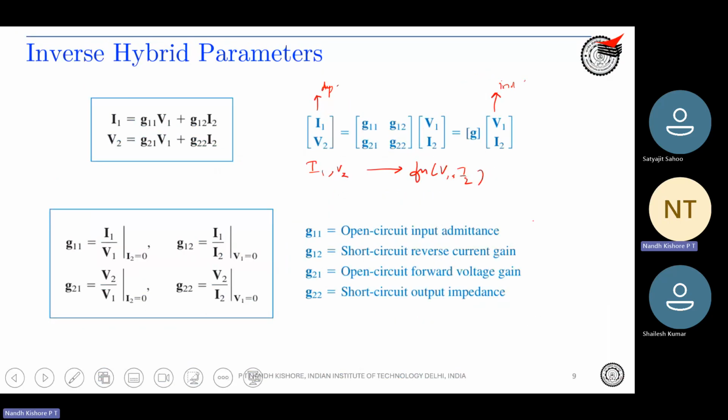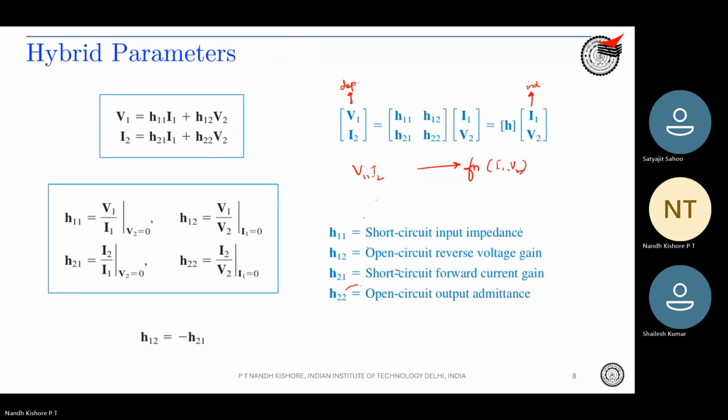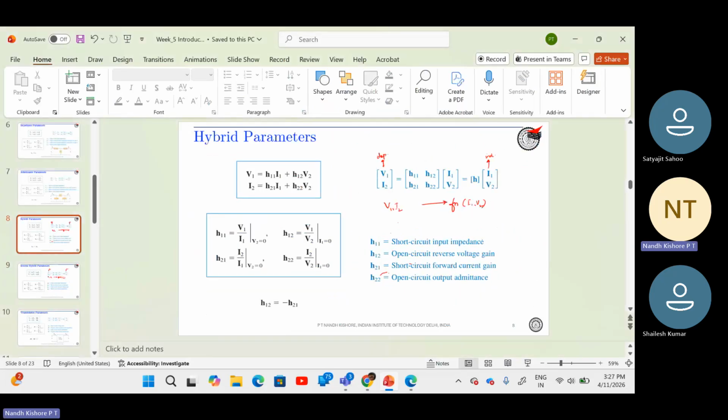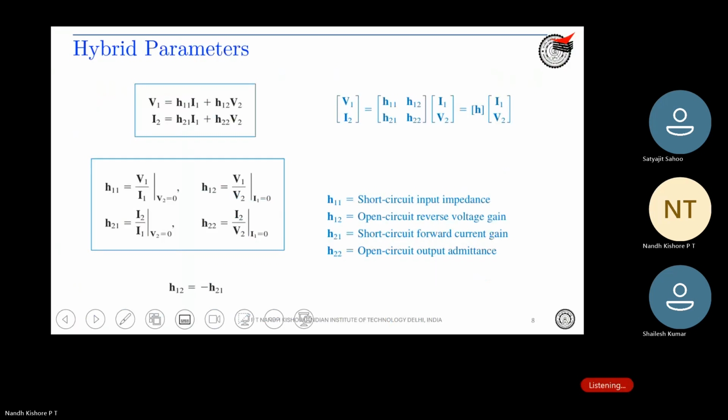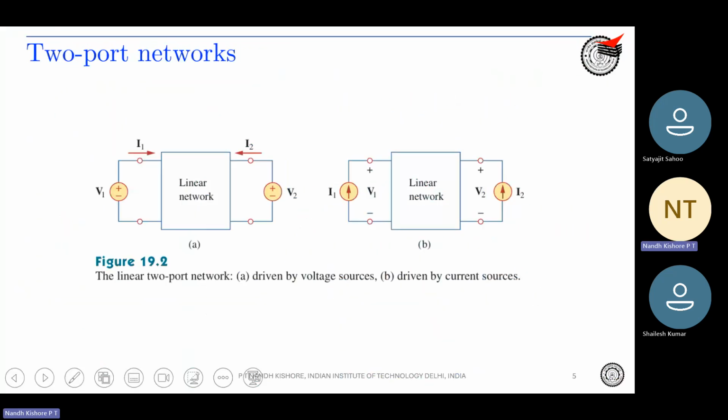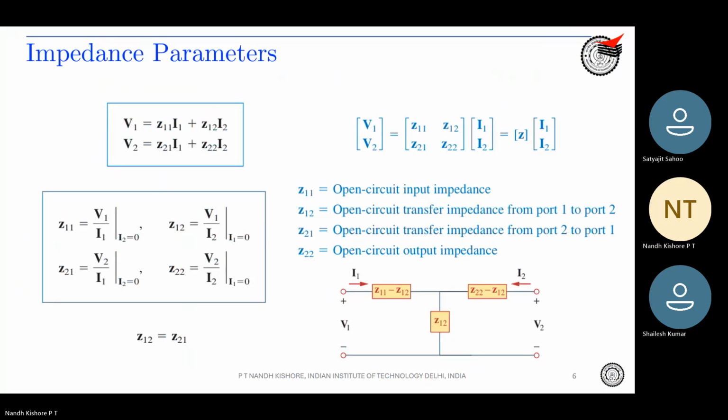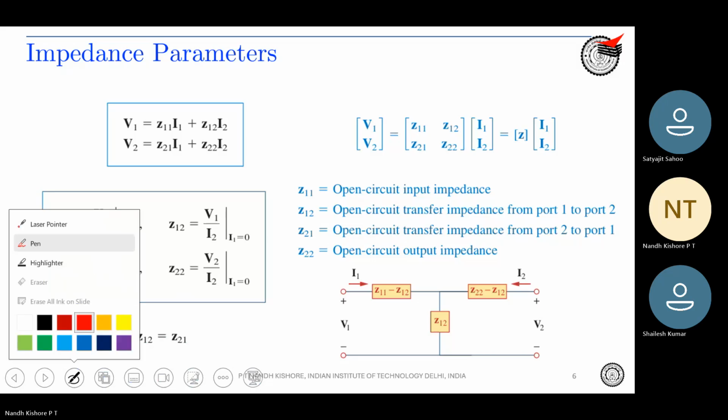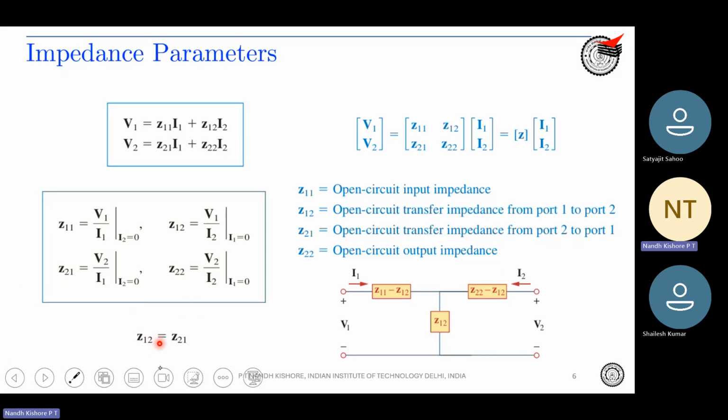So before we go ahead, we saw that if it's a reciprocal network, then Z12 equal to Z21, correct? Z12 is Z21 if it's a reciprocal network.